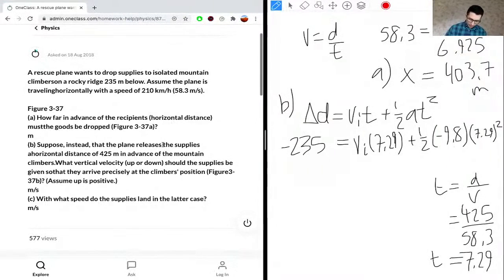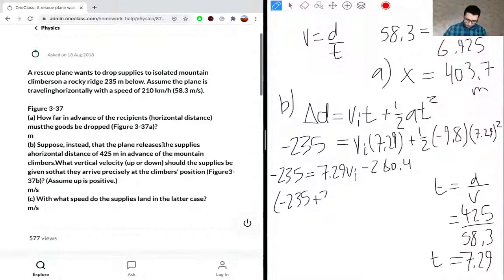So we know that negative 235 equals 7.29 VI, and then we have a half times negative 9.8 times 7.29 squared. That gives us negative 260.4. That means negative 235 plus 260.4, divided by 7.29, equals VI.